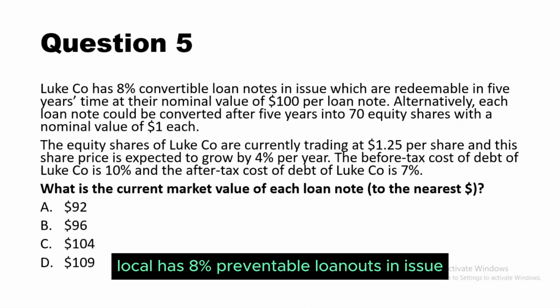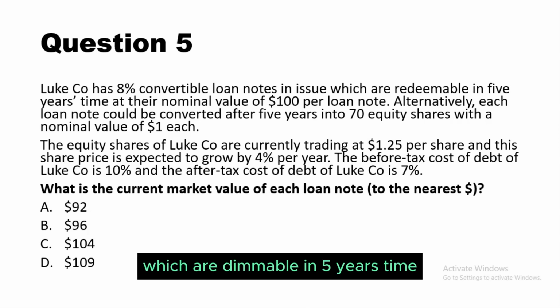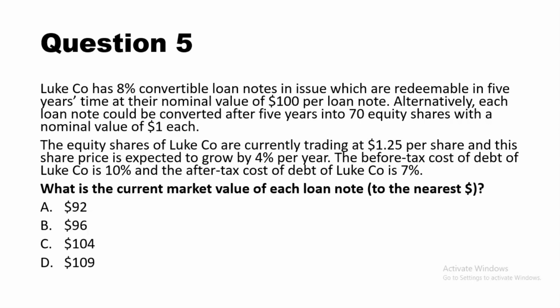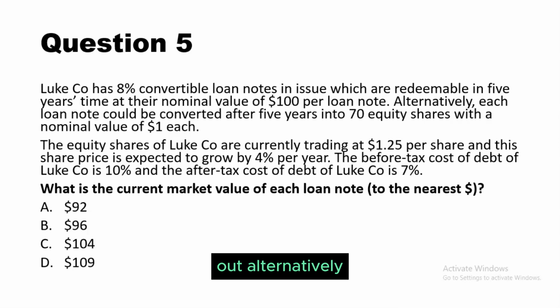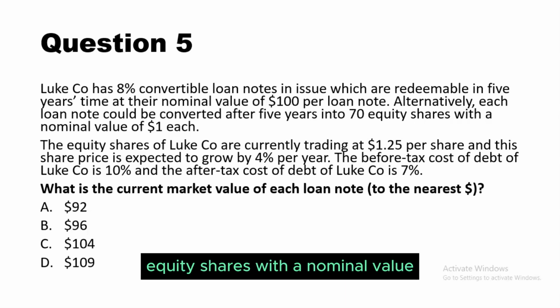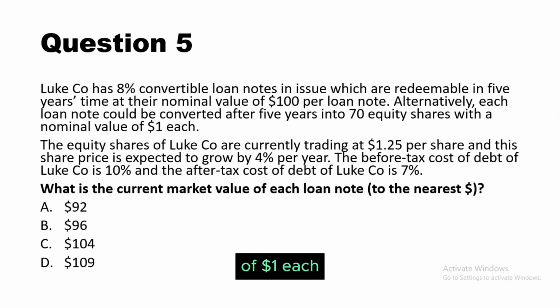LUCO has 8% convertible loan notes in issue, which are redeemable in 5 years' time at their nominal value of 100 per loan note. Alternatively, each loan note could be converted after 5 years into 70 equity shares with a nominal value of $1 each.